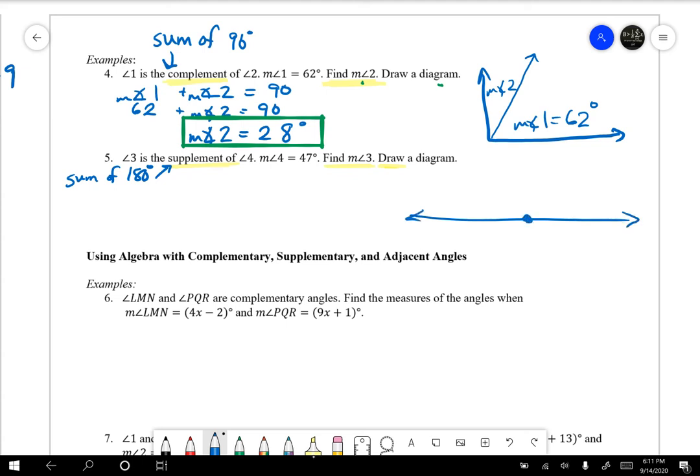The measure of angle 4 is 47 degrees, so it's going to be over here somewhere, and this is the measure of angle 3. That'll be my picture. The definition of supplement means I can say that the measure of angle 3 plus the measure of angle 4 equals 180. I'm told 4 is 47, so I can put a 47 here.